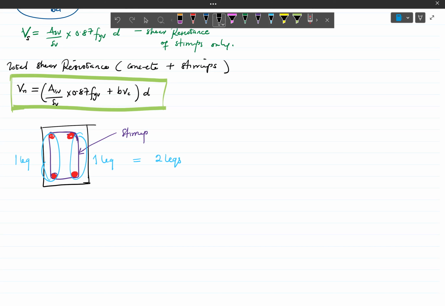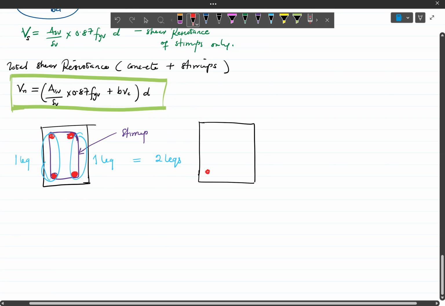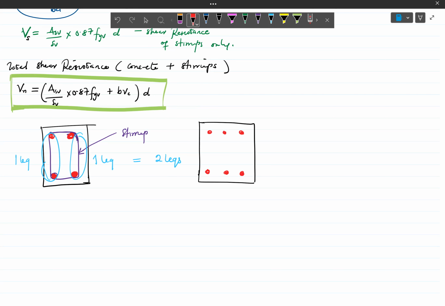In other cases, you could have this being your beam, and then your rebars could be maybe three, just exaggerating a little bit, and you could have rebar arrangements like this.